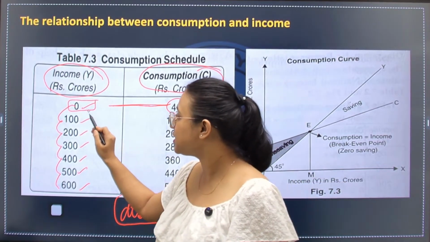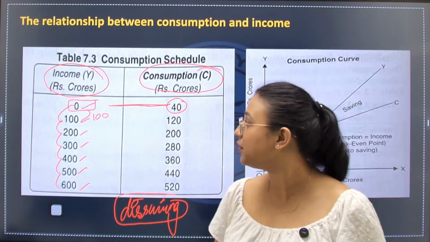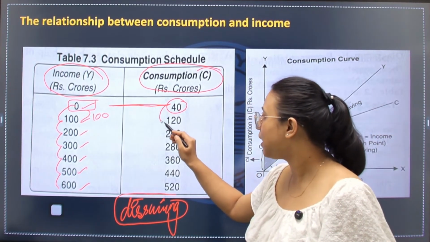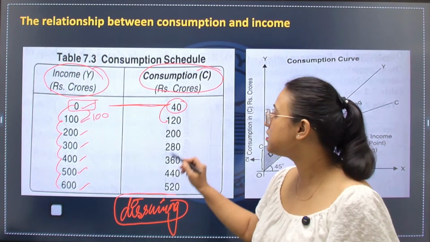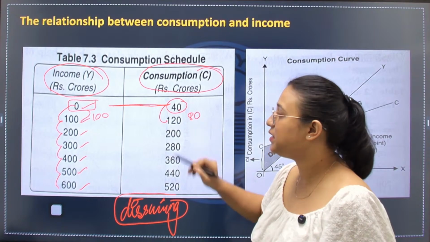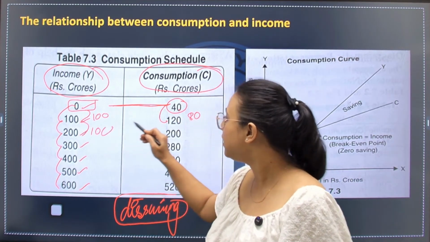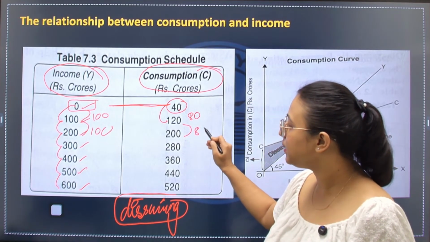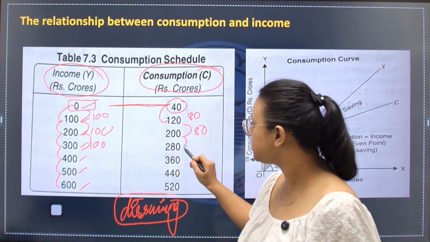Now income increases by 100. The consumption also increases. By how much? Consumption increases by 80. Again income increases by 100, consumption increases by 80.